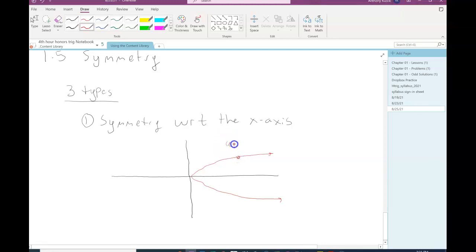So if this is the point (a, b), this down here would be the point (a, negative b). If this thing is symmetric about the x-axis, that vertical distance from the x-axis to the function should be the same.